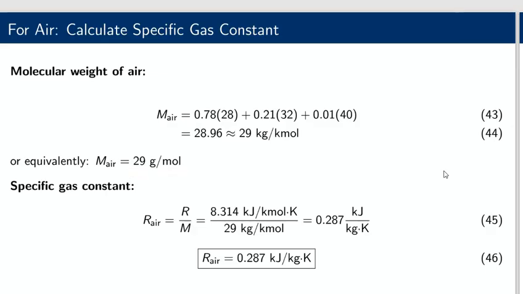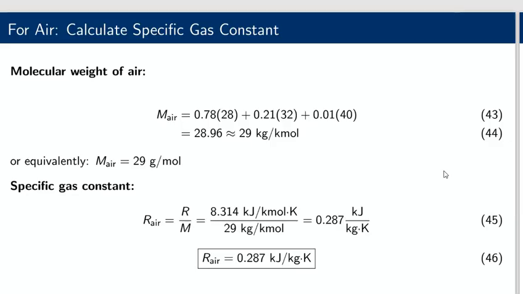Now we get R of air, which is R divided by M. So if I divide by the molecular weight, what will happen? We know the R value is 8.314 kilojoule per kilomole Kelvin, and the molecular weight is 29 kg per kilomole. So the unit will change, and R of air will be 0.287 kilojoule per kg Kelvin.